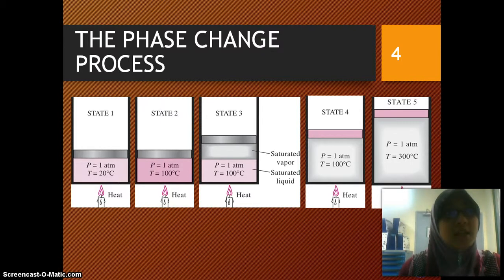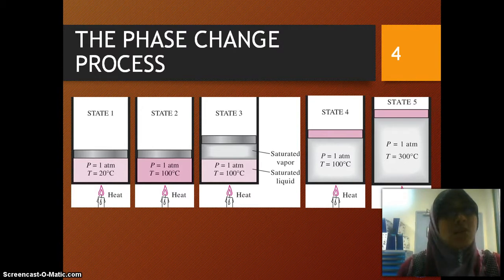So the phase change from liquid to vapor is about to take place. That is why state 2 is known as saturated liquid, or going back to the definition, a liquid that is about to vaporize.